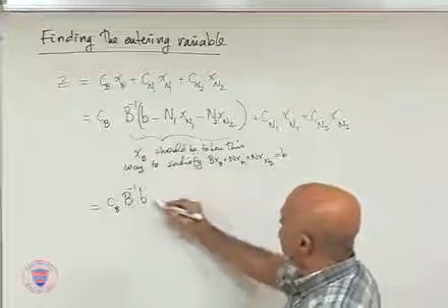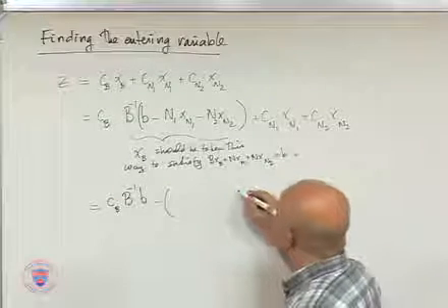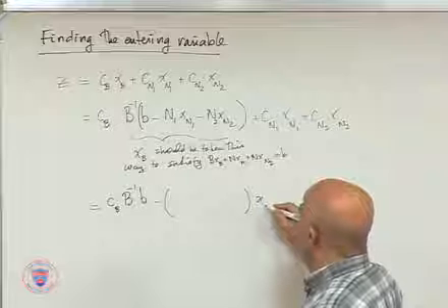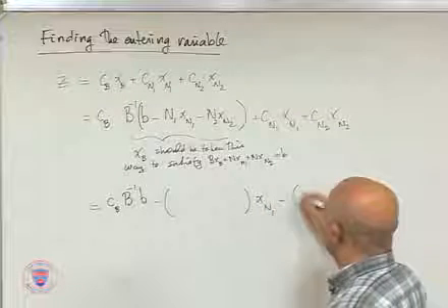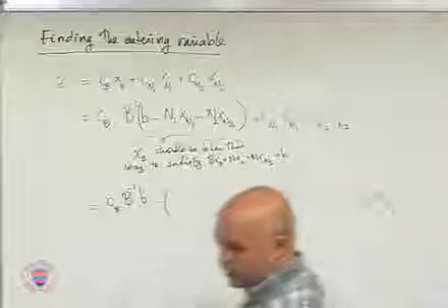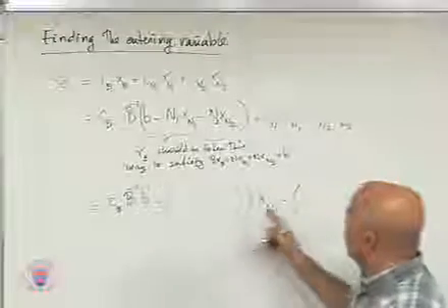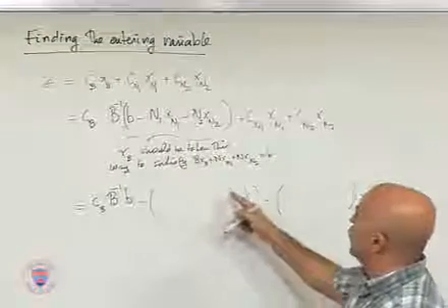CB B inverse B minus something times xn1 here minus something else times xn2 here, which is not really difficult to compute. What are the multipliers for xn1?